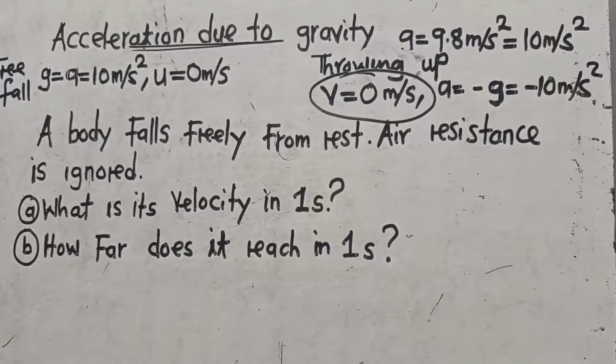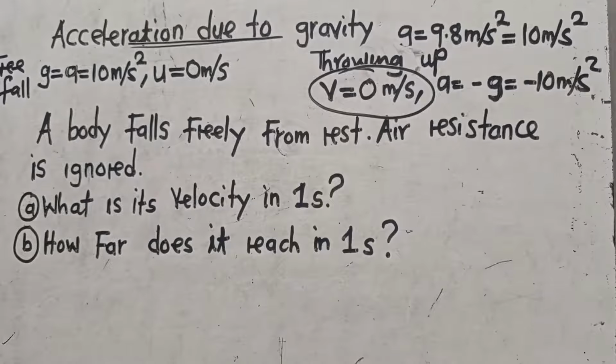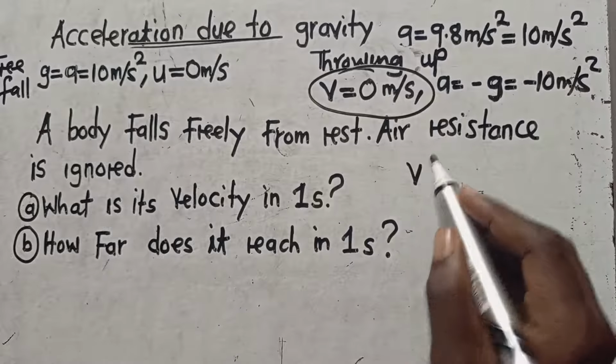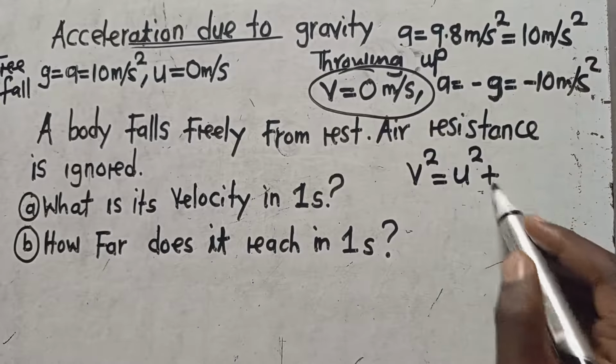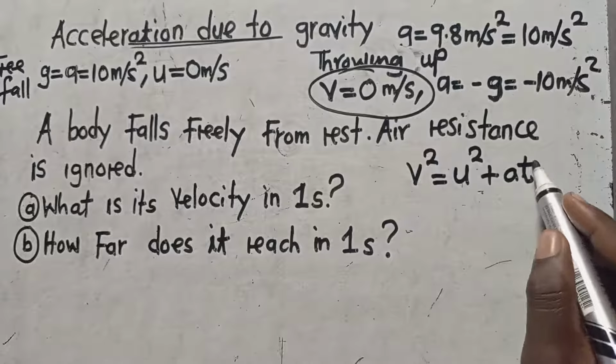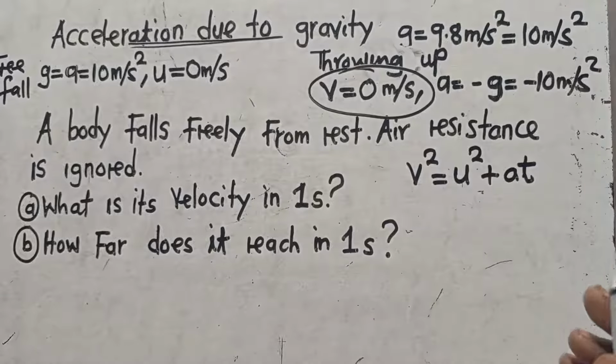For us to answer this question, we need to know 3 equations of motion. So I'm going to write the 3 equations of motion. The first one is v equals u plus at. You need to make sure that you know how to apply it.